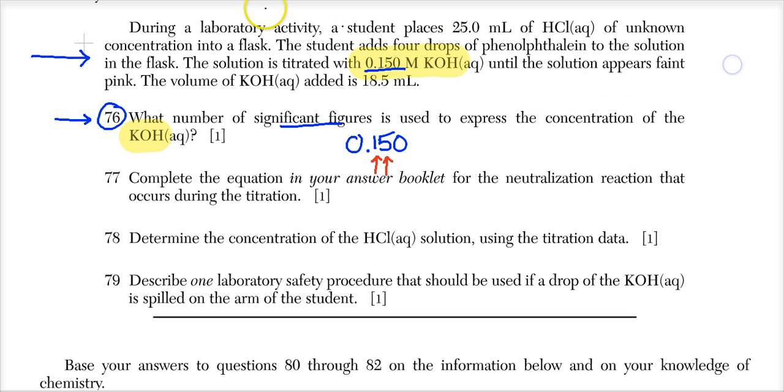So the next rule would be leading zeros. Leading zeros are never significant, okay? Because all they are is placeholders and they don't help us out. For instance, 0.000013. All of these leading zeros are placeholders that help us get out to this very small number, and so these two would be the only significant ones.